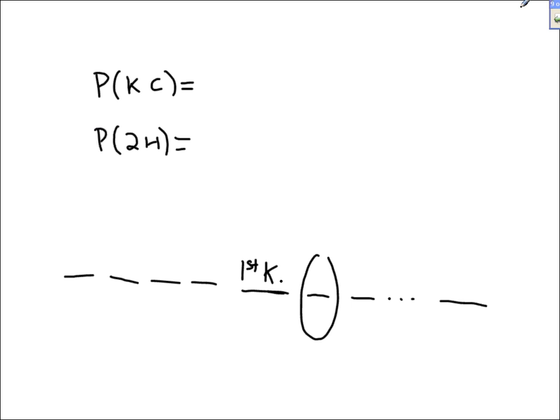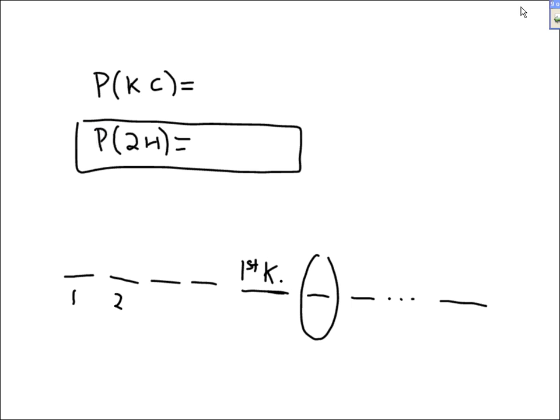Now, imagine we didn't include the two of hearts. Let us work on this probability first. Suppose we did not include the two of hearts. There are 52 cards. You remove the two of hearts. In front of us are the 51 cards. This is the first card, this the second card, the third card, the 50th card, and then the 51st card.